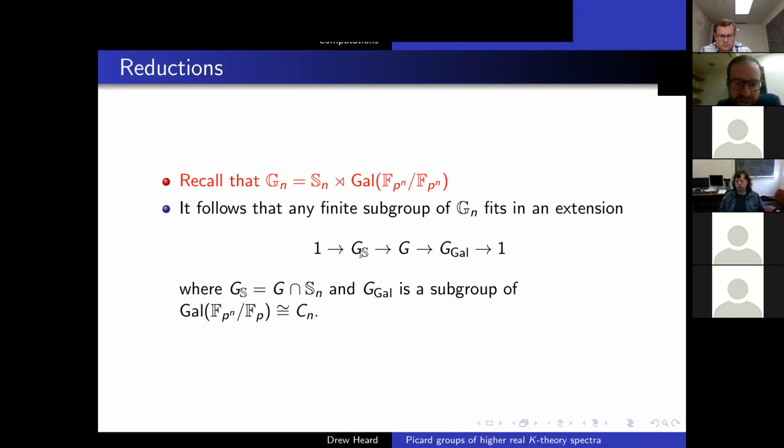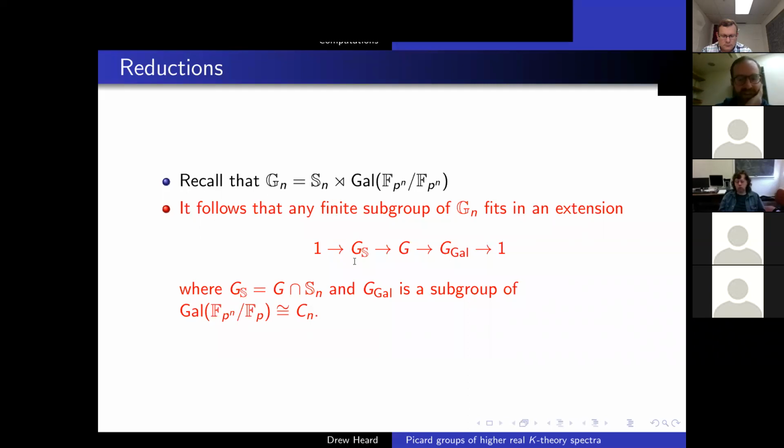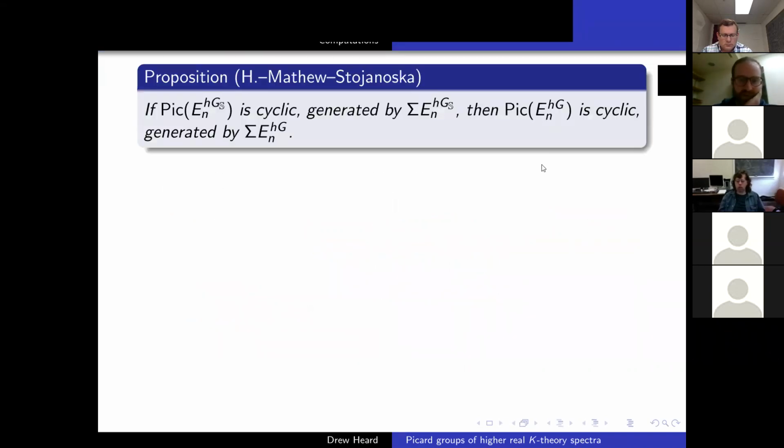This G_S here, I just take my group and intersect with this smaller stabilizer group, and then I get this extension. And so we want to do a reduction. The reduction that we proved is that, if we can prove that this Picard group coming from the homotopy fixed points is just cyclic, then so is this bigger one. Yeah, exactly as it says there.